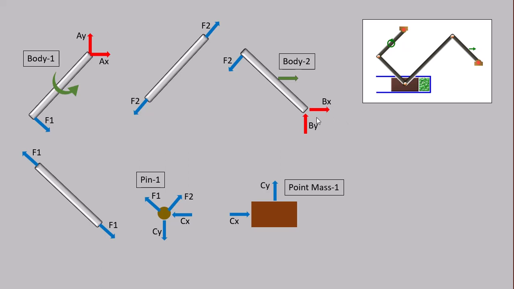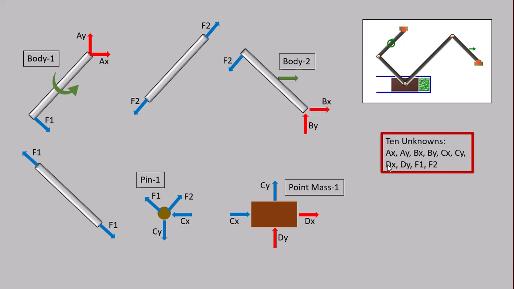Now, support force from this pin, and these two are the reaction forces. Dy is the reaction force coming from the blue casing of the piston, and Dx is coming from this green substance that the piston is squeezing on the right.